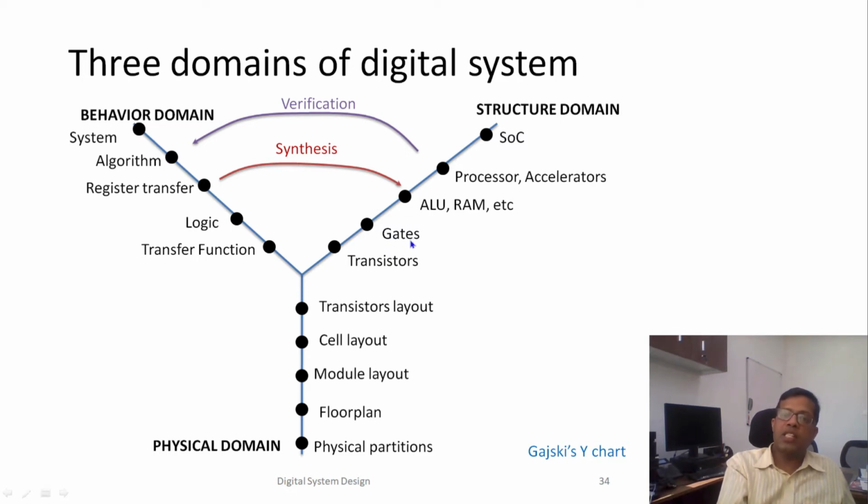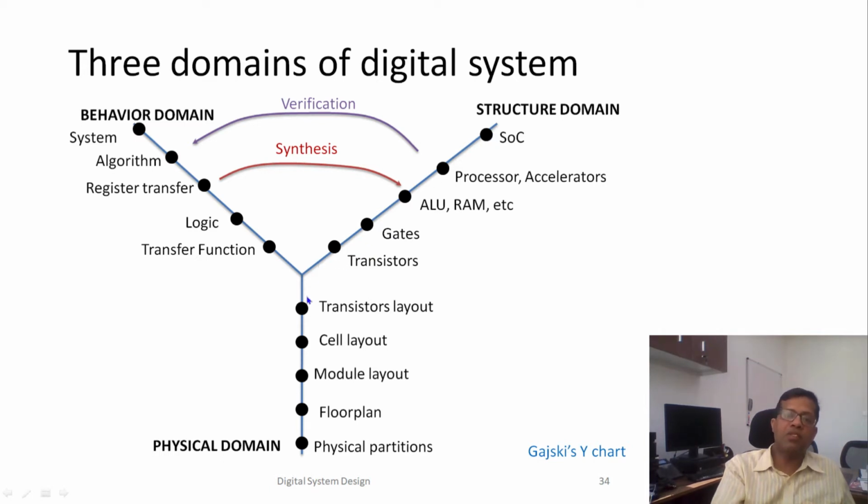And when these gates are mapped to standard cell library elements, cells, then we also know which gate will be mapped to which particular cell. So we finally know the transistors associated with each gate, but it is still at the structural level.